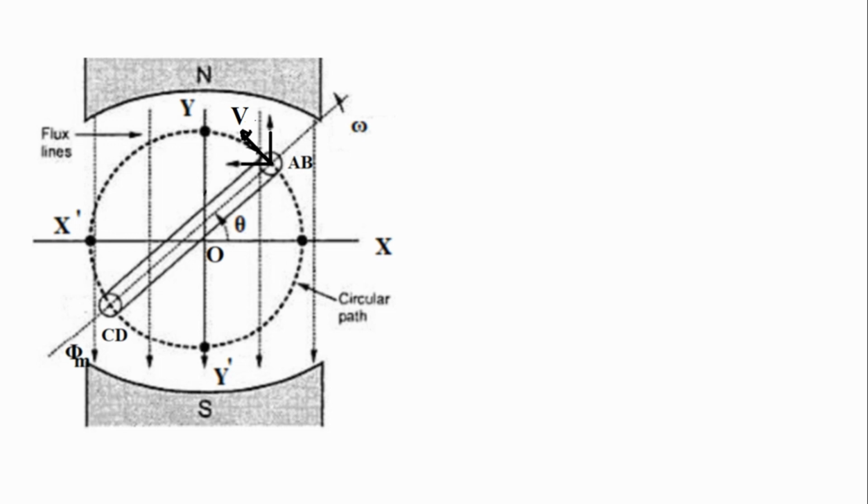Consider our previous single turn rectangular coil ABCD rotating with a constant angular velocity of omega radian per second in a uniform magnetic field. The axis of rotation is perpendicular to the magnetic lines of force.